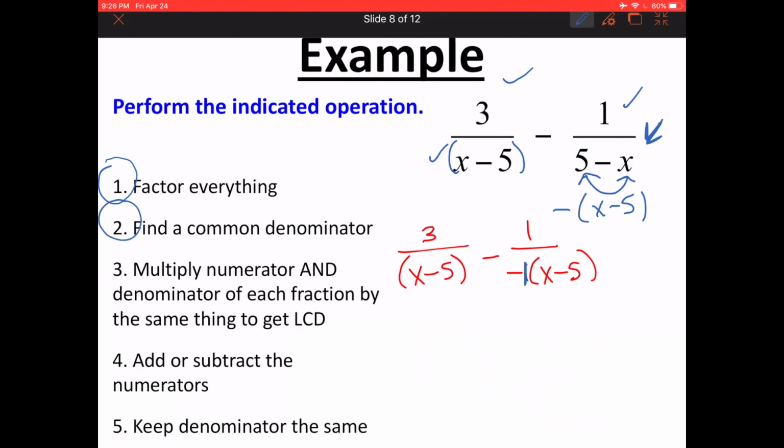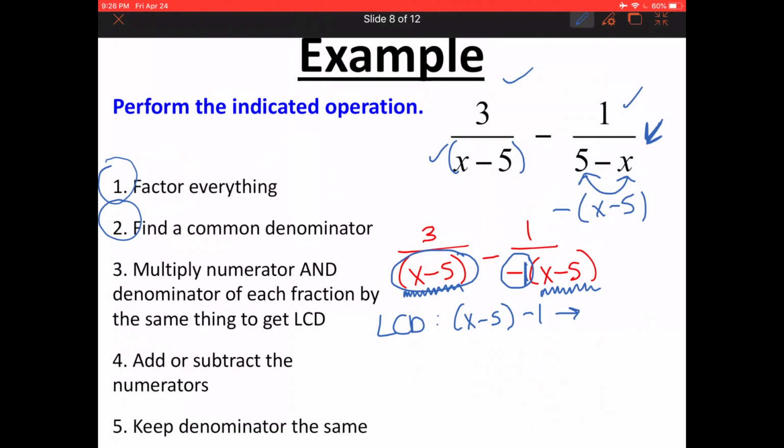So let's go to step 2 to find the LCD. So to find the LCD, notice here's a factor and here's the same factor. So I just take one of them. So x minus 5 is going to be part of my LCD. Negative 1 only shows up once, so that has to be part of my LCD.